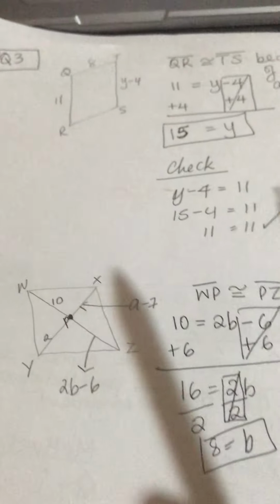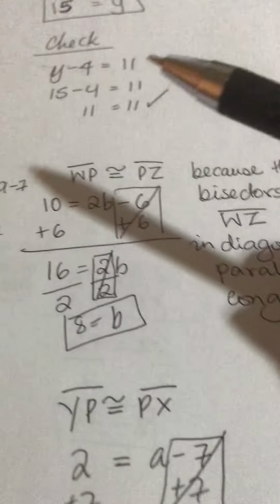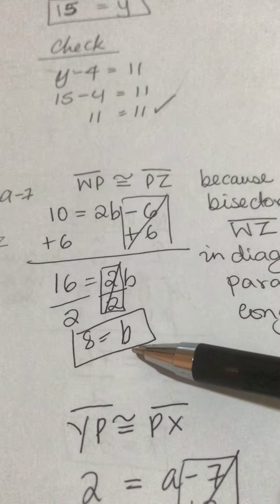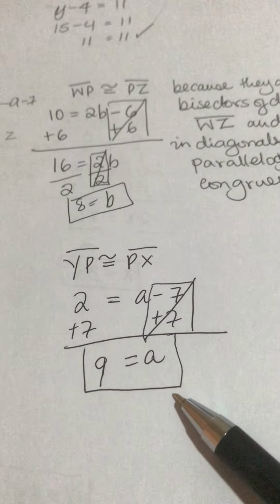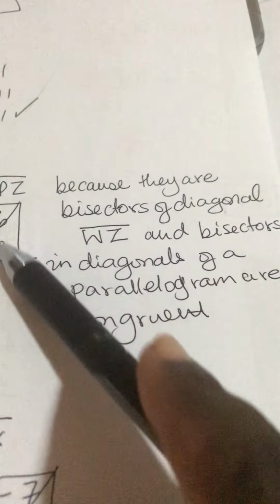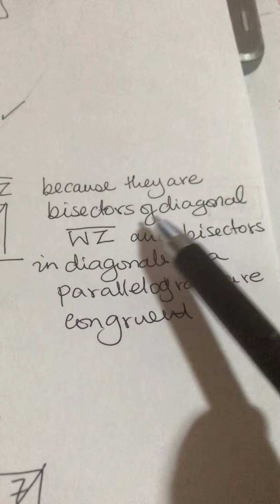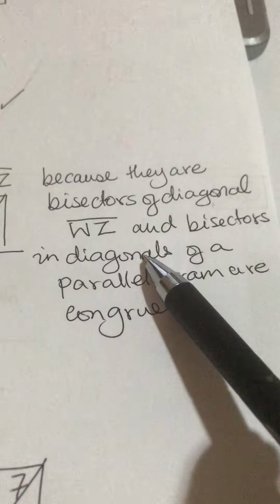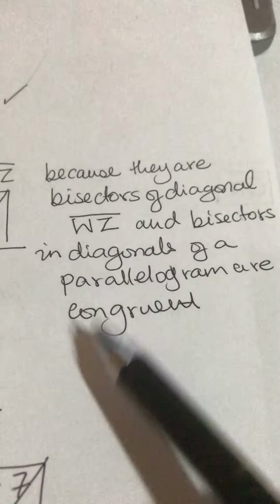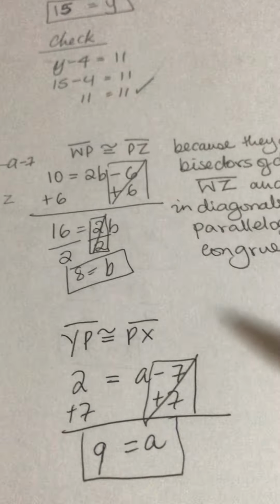And 2 is equal to a minus 7. That's what I wrote. Then I solved for b. Then I solved for a. Then I wrote my paragraph proof. Because they are bisectors of diagonals WZ, and bisectors of diagonals of a parallelogram are congruent. That's the reason why I could do this. Okay?